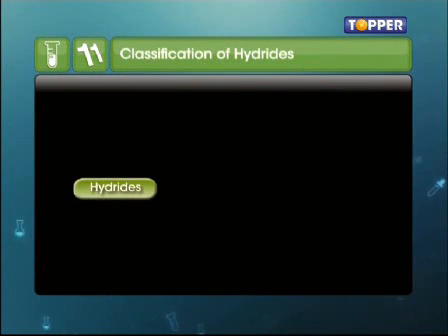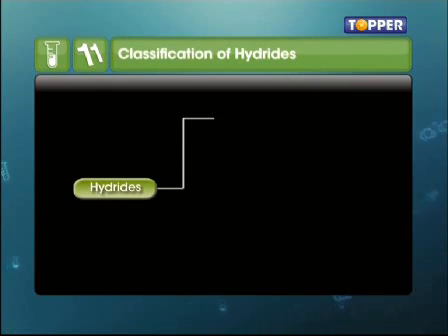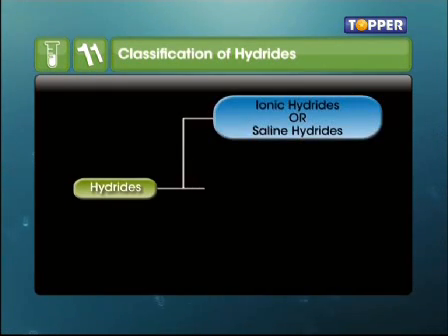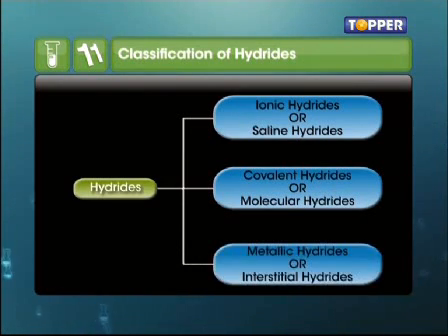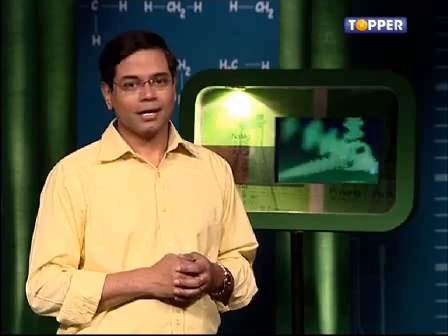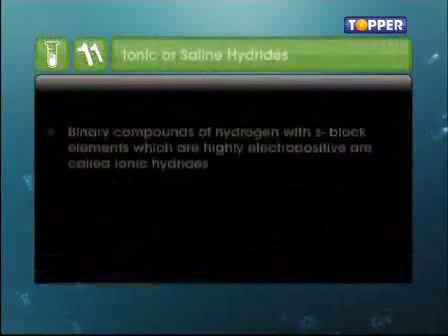Depending upon the behavior and nature of bonding, hydrides can be categorized as ionic or saline hydrides, covalent or molecular hydrides, and finally metallic or interstitial hydrides. I am sure you are curious to know more about each one of them.